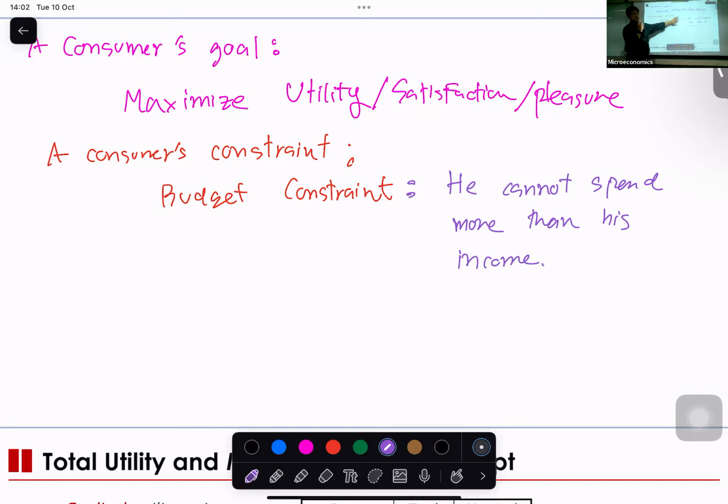He cannot spend more than his income. We start with the scenario that the consumer cannot borrow. The consumer has limited resources and cannot spend more than his income.